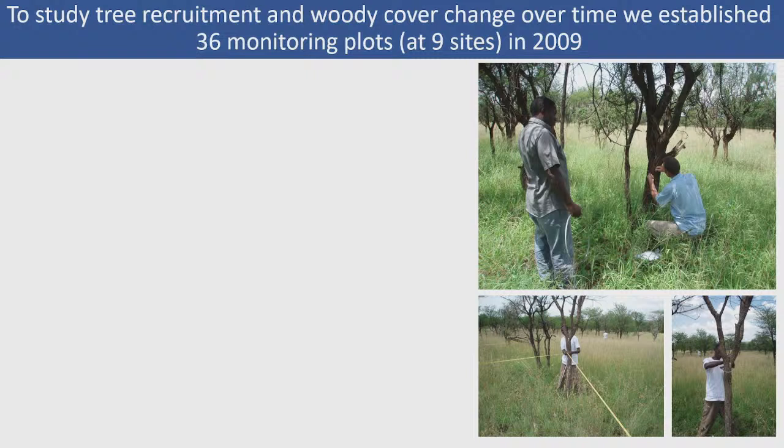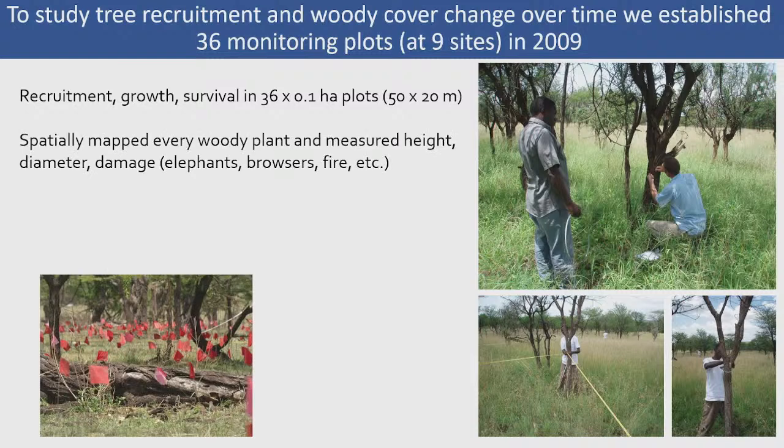So in 2009, we set up these long-term study sites in Serengeti. We set up 36 monitoring plots at nine sites. And in these, we quantified recruitment, growth and survival of plants. We spatially mapped every woody plant and measured height, diameter, and damage.